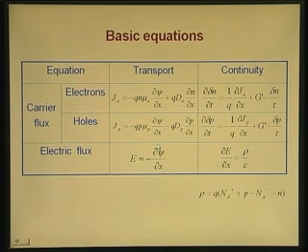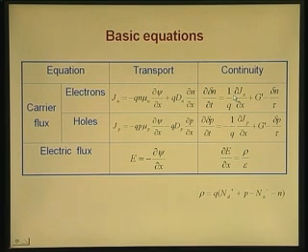We can achieve even better correspondence among this set of equations for carrier flux and the electric flux by rewriting the continuity equations, by putting this particular term on the left hand side and the dou n by dou t term on the right hand side.